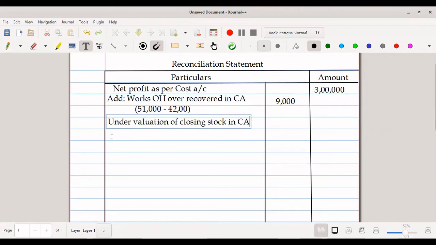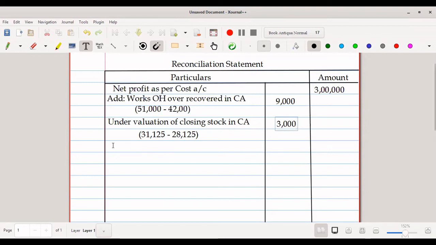So what is the amount given? Again we have to see the difference here. 31,125 minus 28,125. So take out the difference. The difference will be rupees 3,000. So these are the items which we have to add.